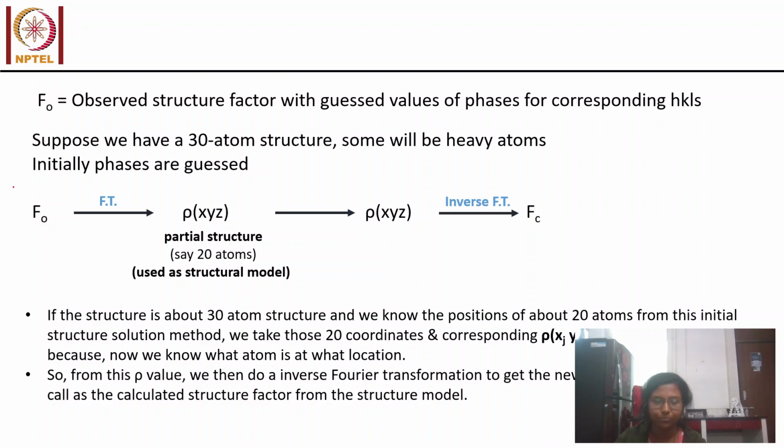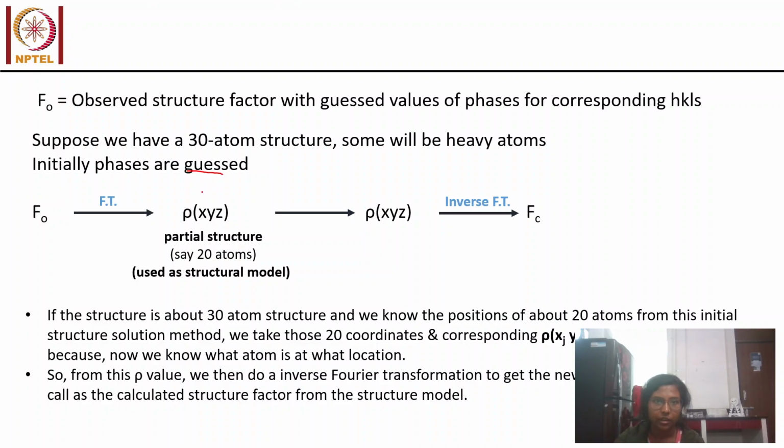atoms. So what happens is, initially when we take the data, we get the structure factors without the phases, only the magnitude. So initially the phases are guessed by some programming method. We learn about the Patterson method and all in your next week, I think. So initially the phases are guessed somehow.